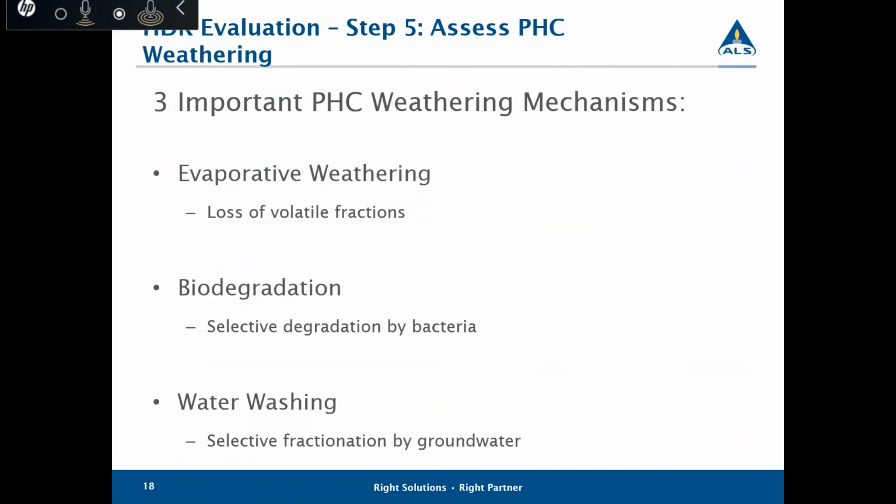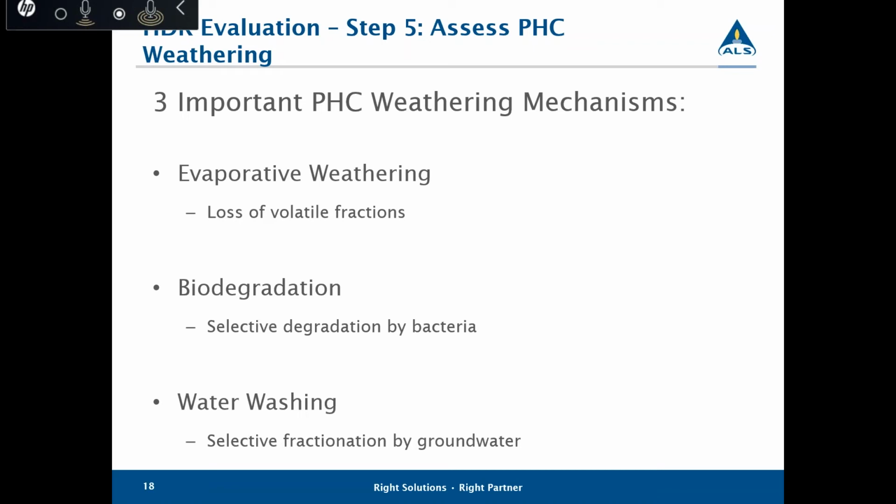Moving to step 5, which is assessing the petroleum hydrocarbon weathering. We'll look at any potential effects that the environment has placed on your sample through weathering. There are 3 important mechanisms which will change the resultant chromatogram.